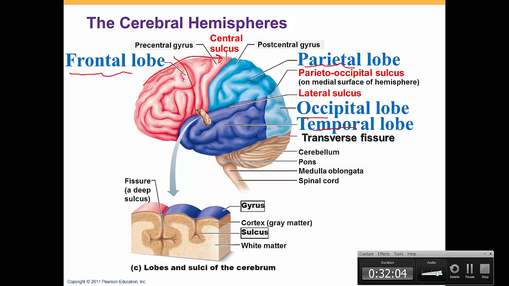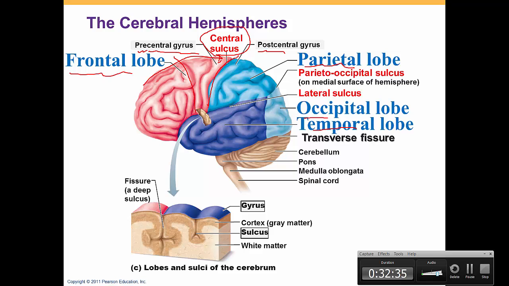Between the frontal and the parietal bones, we have a depression we call the sulcus. So it's really important to know this. The sulcus is basically a bigger depression between different lobes. We call this my central sulcus. An elevated part in front of the sulcus, we call the gyrus. So we have the pre-central gyrus and post-central gyrus.